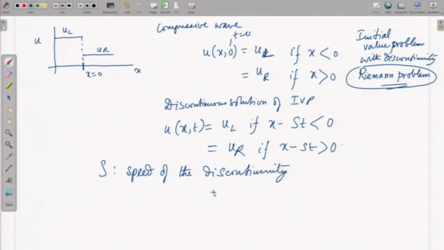Which we were referring to as shock speed a few slides back, and it is defined as (U_L + U_R)/2. As I mentioned earlier, it should be possible for you to show it through the Rankine-Hugoniot equations, and this discontinuous solution of course is a shock wave.